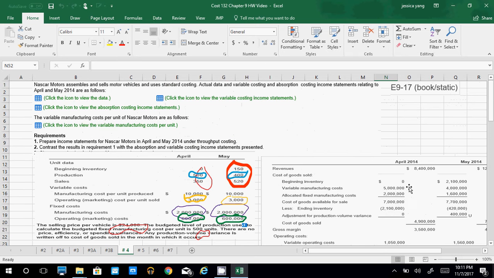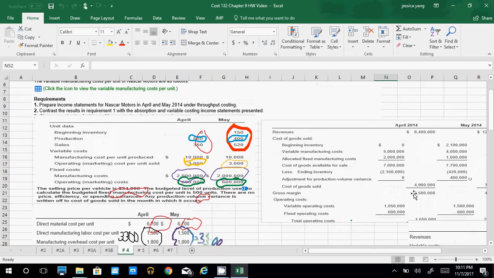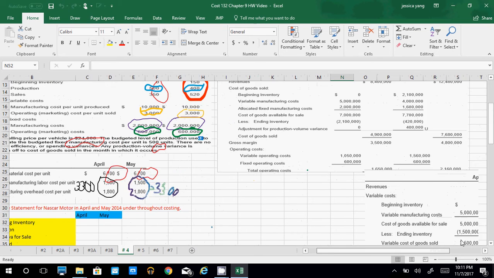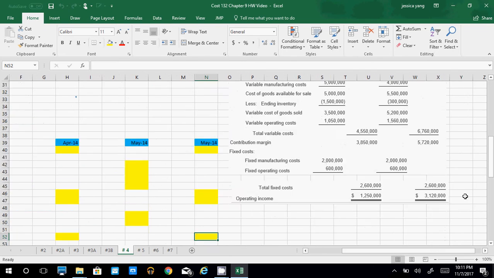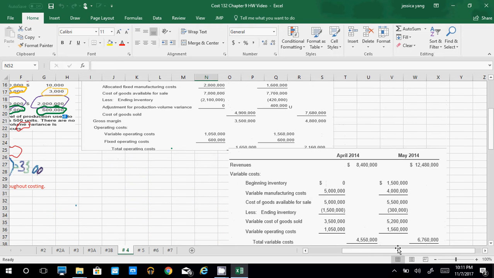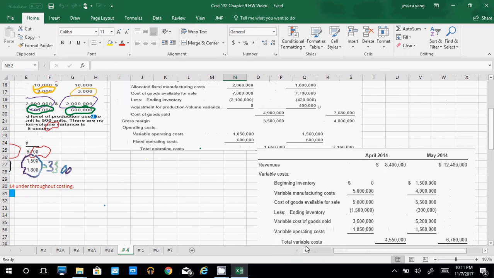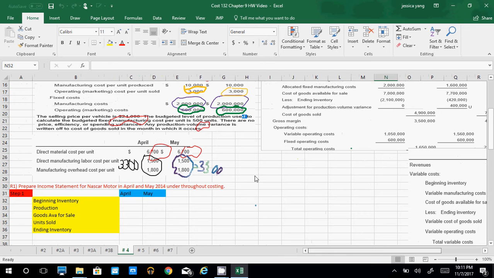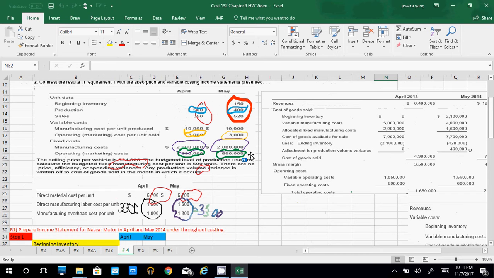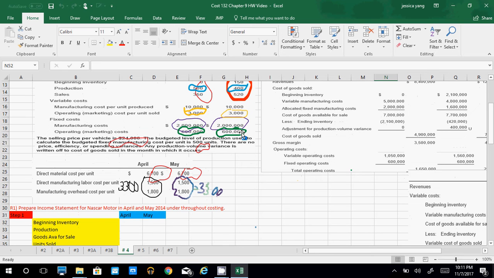We are also given the variable and absorption income statements on the right side. With the data provided, I have circled the relevant values that will be needed to prepare the income statements for NASCAR in April and May under throughput costing.